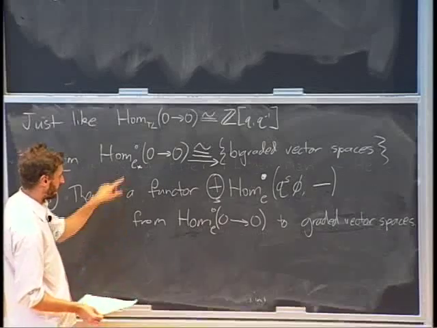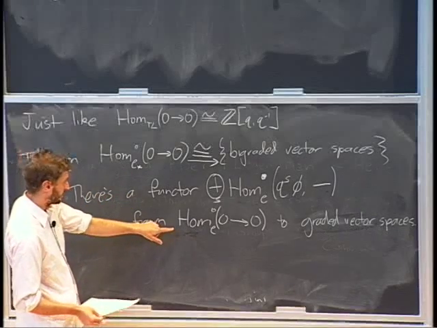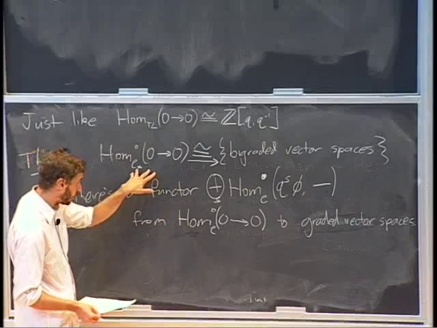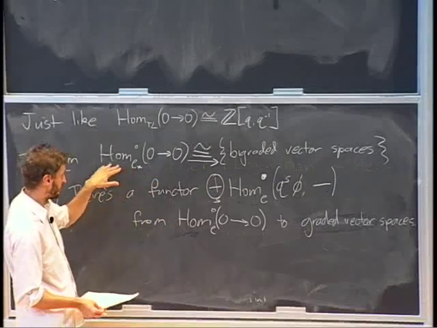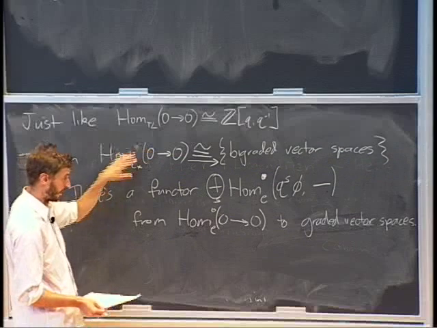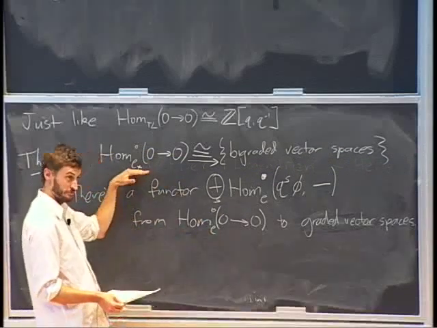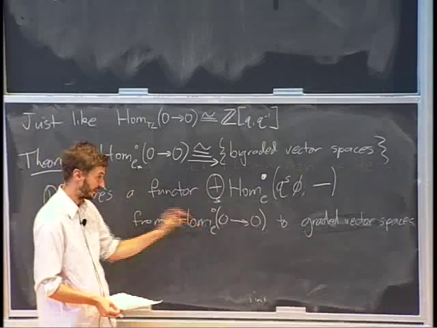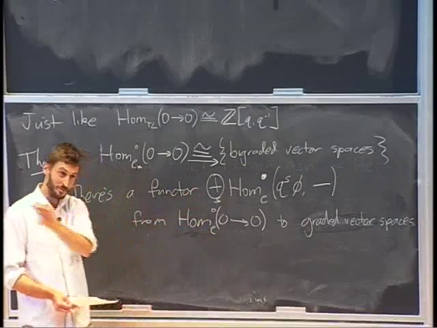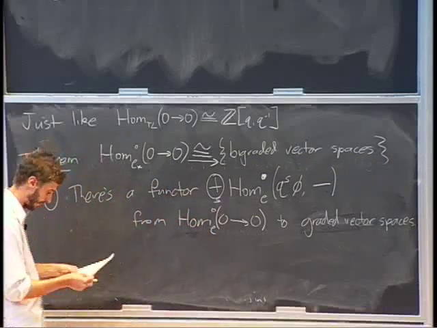Well, we can apply this functor to a complex here. So remember, the elements of this Hom space here are complexes in this category. So each chain group is an object in this category. Each differential in a complex here is a morphism in this category. So we can just apply this functor sort of term by term along the chain complex.